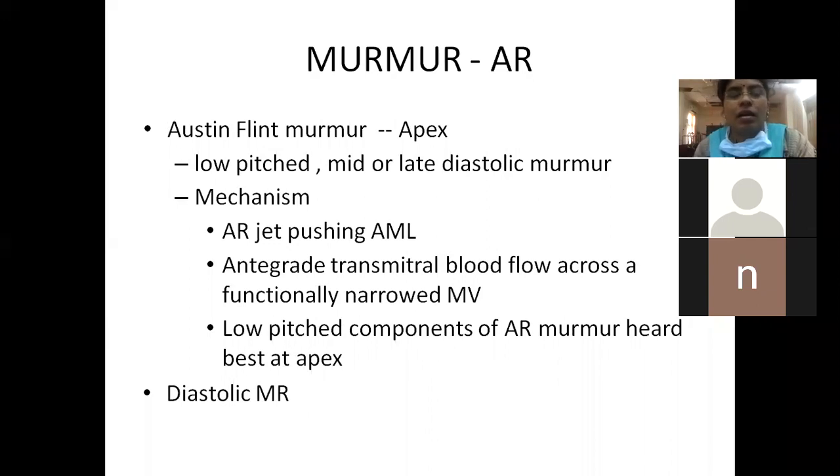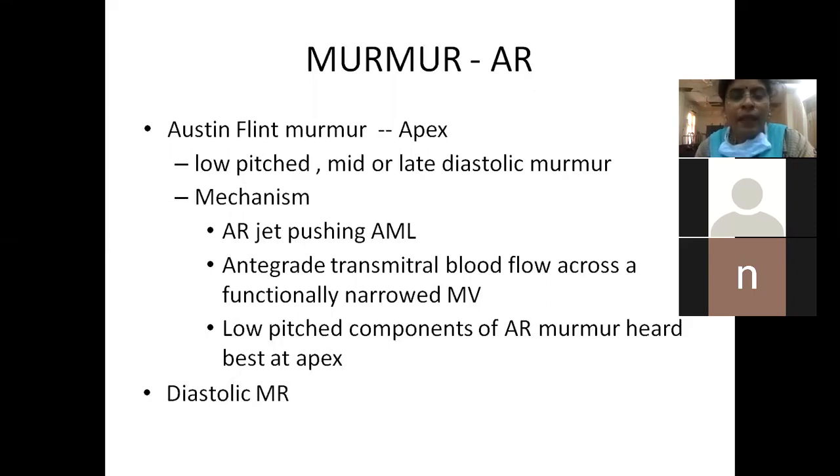Then, what is Austin Flint murmur? You have to again remember this name, Austin Flint murmur. Austin Flint murmur is a diastolic murmur. It's a low pitched, mid or late diastolic murmur that is heard in the apical area in aortic regurgitation patients. Why is there a mid diastolic or late diastolic murmur in the apical area in AR?